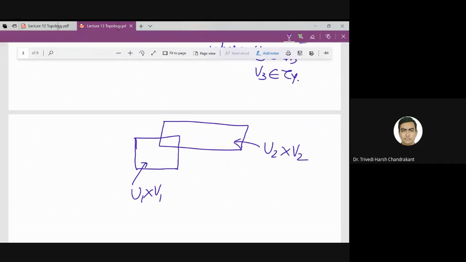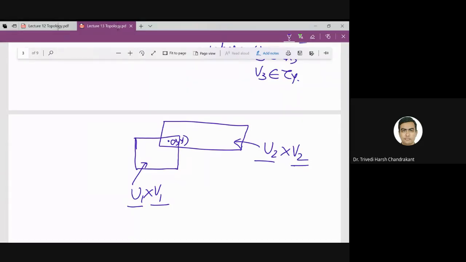Now can I find a rectangle? These both rectangles contain some point, let us say X comma Y. Can I find a rectangle which is contained in the intersection? Yes, sure. This we have observed when we discussed in R2 the basis generated by the rectangular regions. Right. So there is a rectangle, but now I want to express that rectangle in terms of U2, V2, U1, V1.